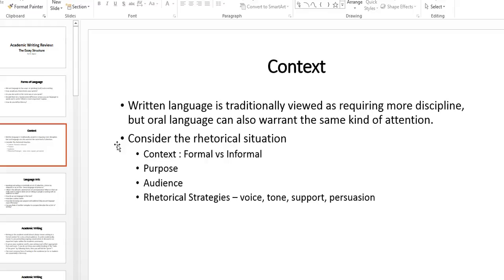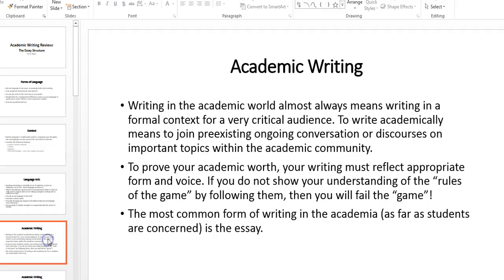Things like that, you should be asking about your audience, because the more detailed a profile you can create about your intended audience, the more useful it is going to be for you as a writer. Okay, and of course you also have to think about other rhetorical strategies, such as your voice, your tone, the kind of your reasoning and the evidence that you use, and your persuasive strategies.